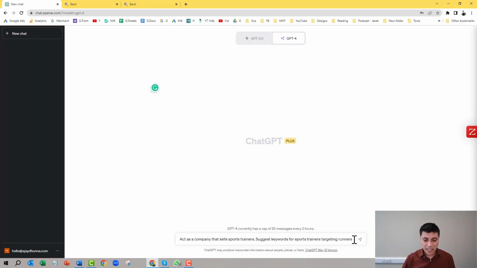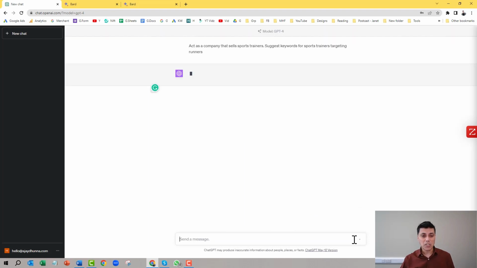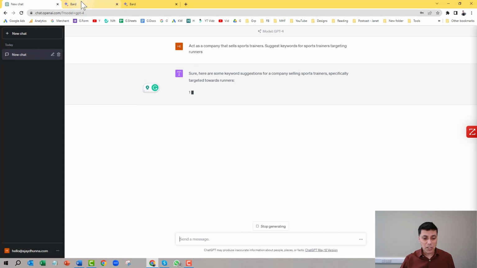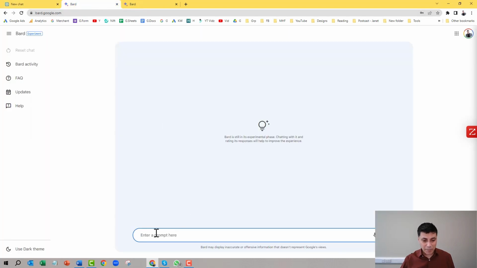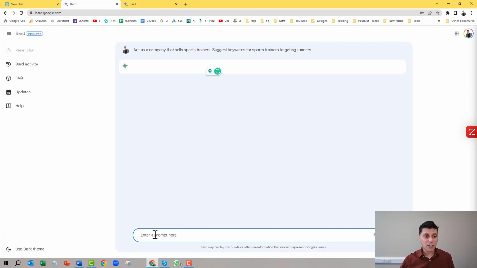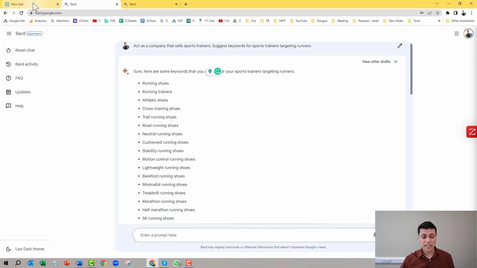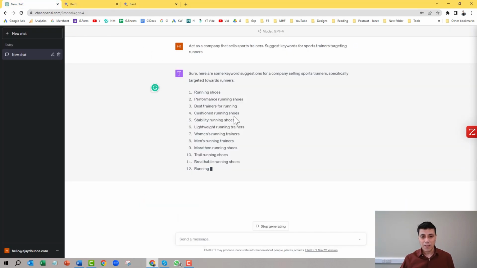So I'm going to press enter on that and see what type of results it gives. In the meantime, I'm also going to copy and paste exactly the same prompt into Bard as well, and let's see how Bard performs. Instantly you can tell Bard is a little bit slower, whereas ChatGPT is a little bit faster. So it's almost finished now.